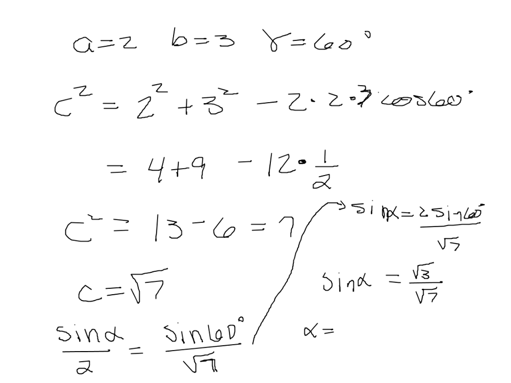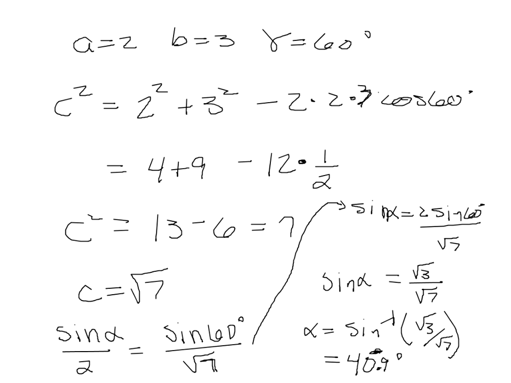And so alpha is the sine inverse of the square root of 3 over square root of 7. Let me see what that is. That is 40.9 degrees.